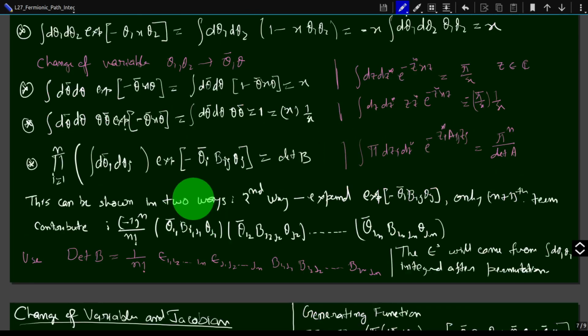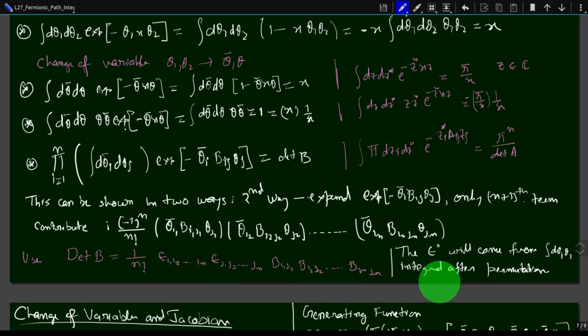So the purpose of this integral is to bring an appropriate sign, and we use this definition of the determinant of any matrix: 1 over factorial n, epsilon i1 i2 all the way till in, and epsilon j1 j2 all the way till jn, of b1 j1 b2 j2 all the way till bn jn. Okay, so this is the definition of the determinant that is used over here, because here the integral does nothing but basically give you this Levi-Civita symbol, an overall sign.